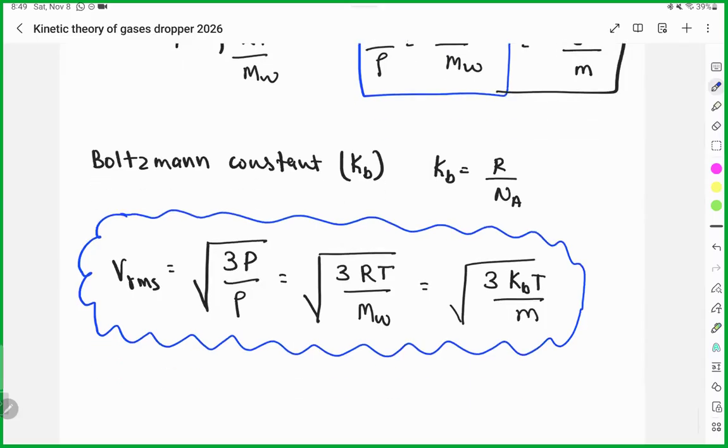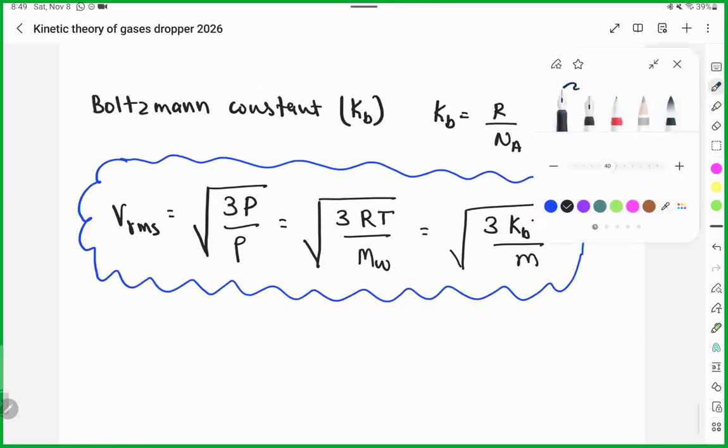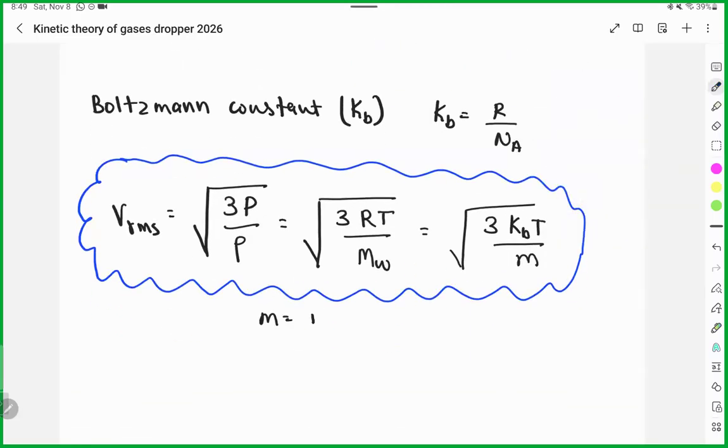You can ask, sir, what is this small m? Small m is mass of one molecule. We did in the very beginning. One gas molecule. Not all, only one gas molecule. Why?